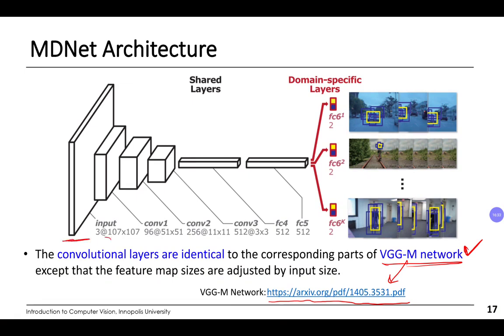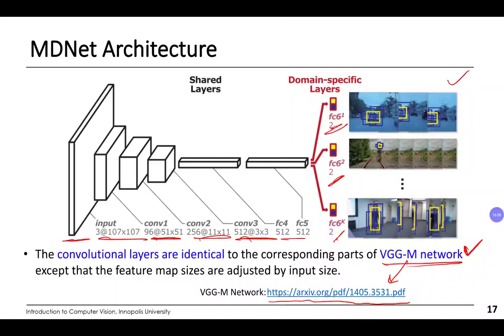Here we have the input, 3 at 107 by 107, the size of the video frame, and 3 means we have a color image or color frame. Then we have convolution layers 1, 2, 3, the fully connected layers, and finally the domain specific layer.